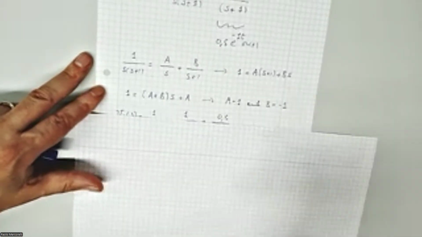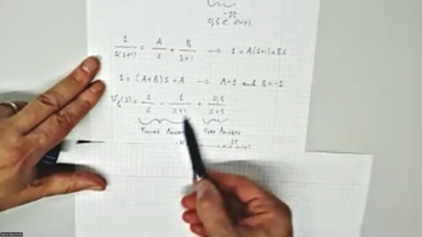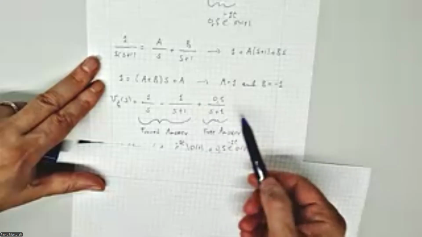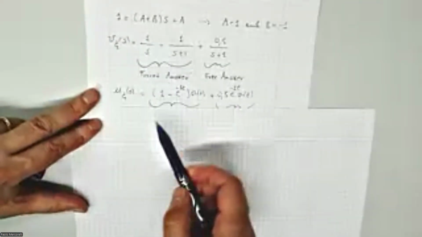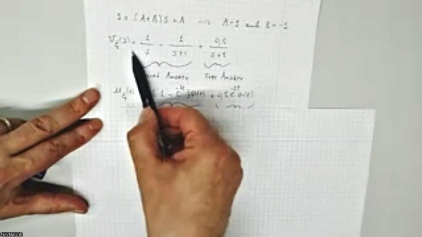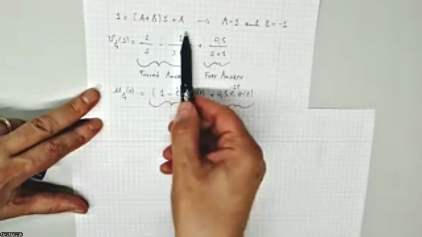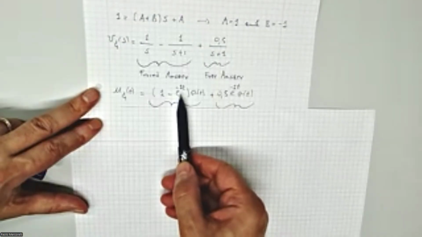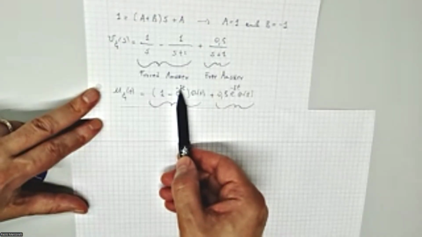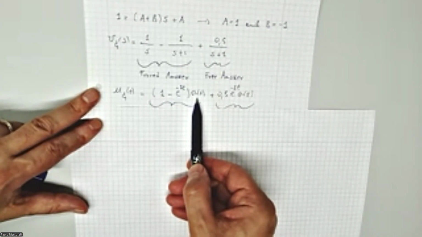I think you are able to do these calculations. And exactly, I can now see more explicitly the forced response and the free response, because the back transformation of this is sigma. The back transformation of this is minus exponential function up to minus 1t multiplied by sigma.